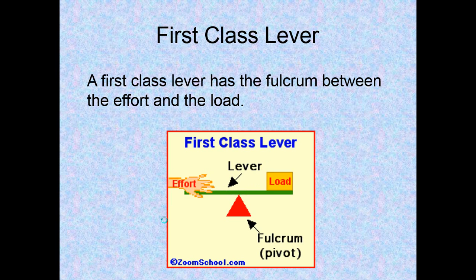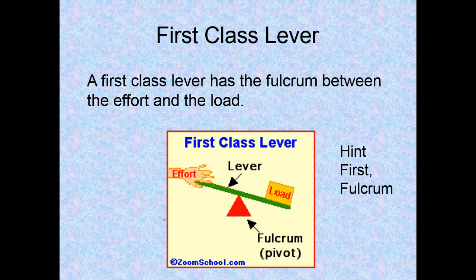One of the things you need to know for this unit is how to identify the difference between first, second, and third-class levers. So I'm going to give you a hint. The hint for this is to remember first fulcrum. If you can remember that both of those start with F, you should be good to go. First fulcrum. So the fulcrum is in the middle. All my hints deal with what goes in the middle.